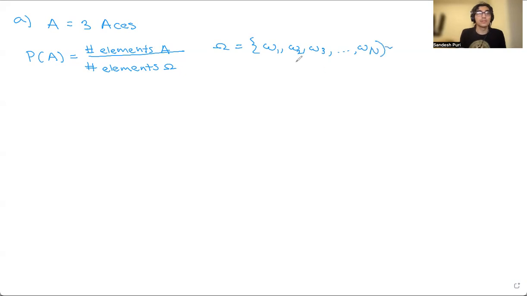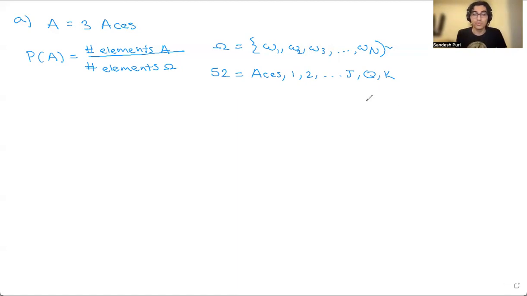Now, what does that mean in the context of this problem? Well, in our problem, our sample space is a 52 card deck. And out of these 52 cards, we have aces, we have ones, we have twos, and we have jack, queen, and king. So clearly, the sample space is finite.